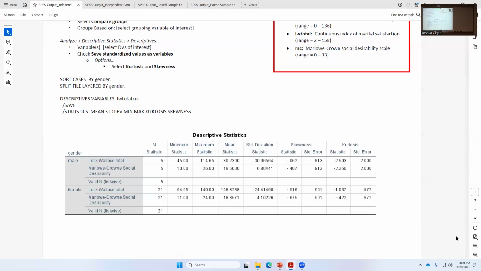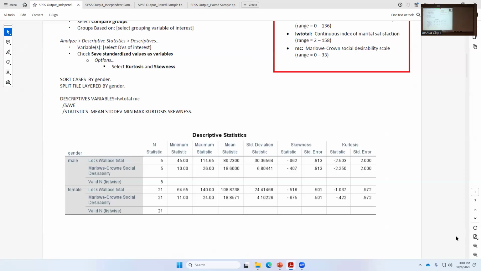The main thing, though, is that we're looking at the absolute magnitude of skew and the absolute magnitude of kurtosis here. The general rule of thumb is values below an absolute value of 2. Here we've got some evidence of skew across both of our measures, but nothing that would necessarily raise red flags. Now for our kurtosis, we are seeing levels exceeding an absolute value of 2, particularly for our men.